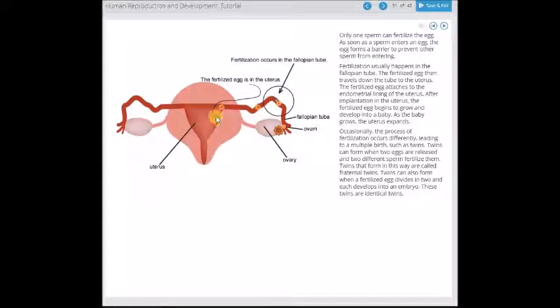Now, interestingly enough, that's for identical twins. Fraternal twins happen when 2 eggs are released, either by the same ovary or usually by opposite ovaries. Sometimes that happens, and so now I've got a situation in which 1 egg is coming from here, 1 egg is coming from here. They both get fertilized, they both embed, but to be clear, they are not genetically identical because they were not at any point the same cell like identical twins are.